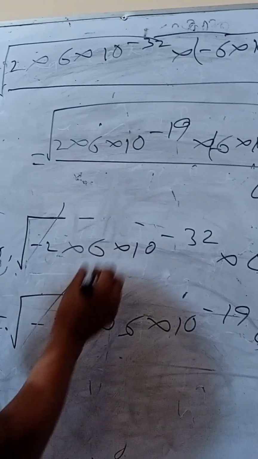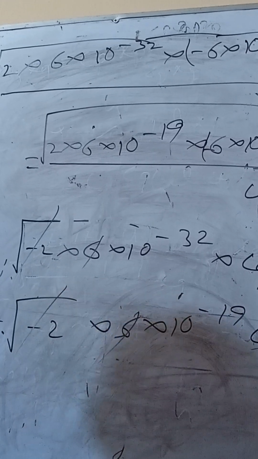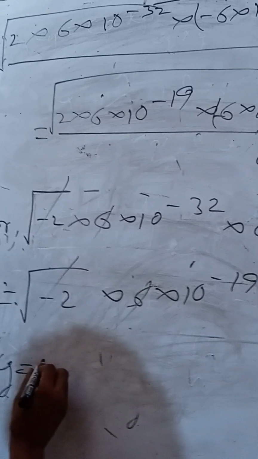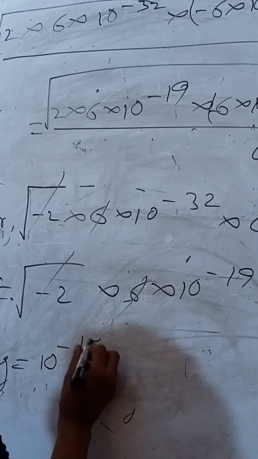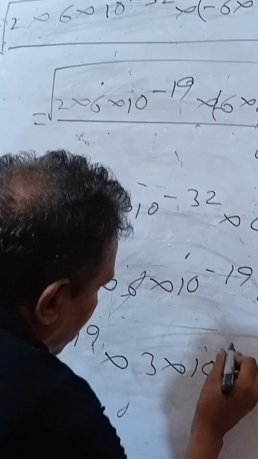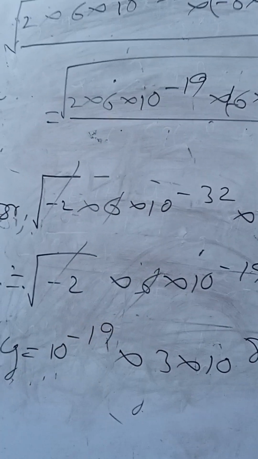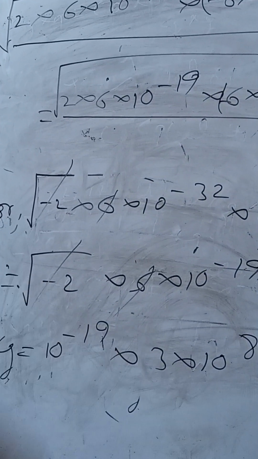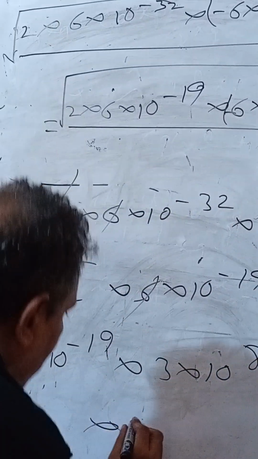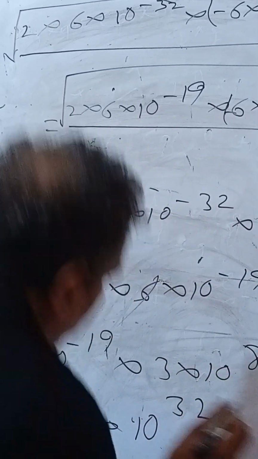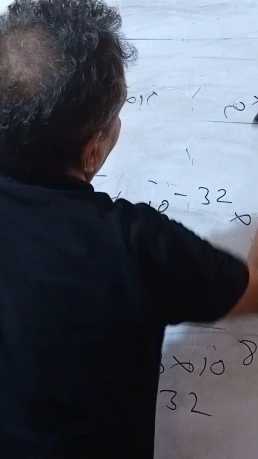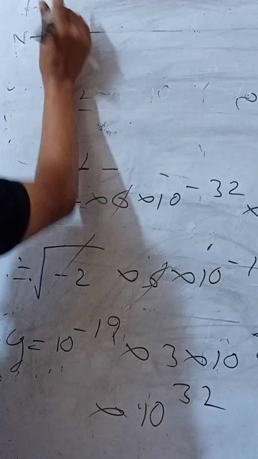So Cz must be 10 to the minus 19. Cp is equal to 3 into 10 to the plus 8, the velocity of photon particles or light, into 10 to the minus. This minus turn into 12, 32. So we can calculate this.